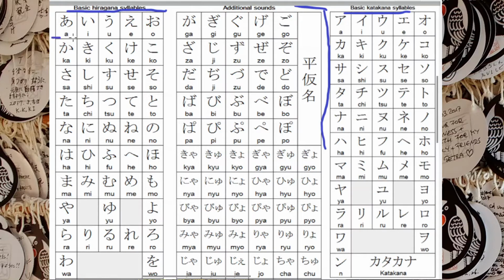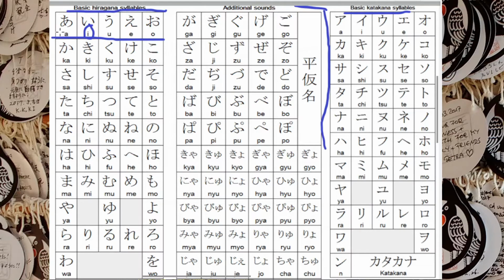So the top here, you'll see that all the vowels have got one Roman letter underneath them. So that is A, I, U, E, O. Now, of course, paying particular attention to this E sound because it doesn't make the same sound as it would in English. After all, we say I or I, and that's completely wrong. It's actually closer to the sound of us pronouncing capital E, so it's E, or rather, lowercase e.